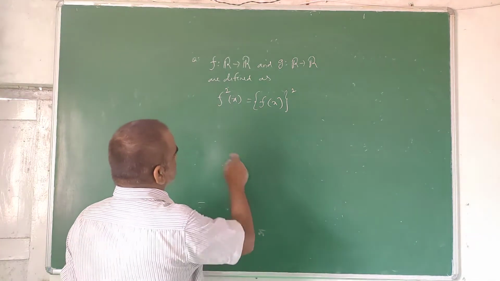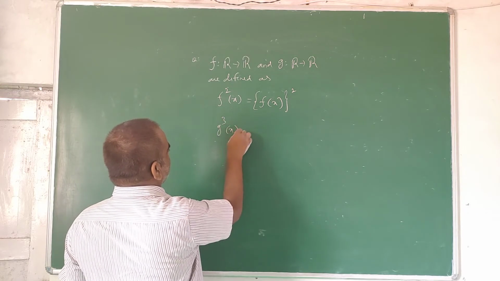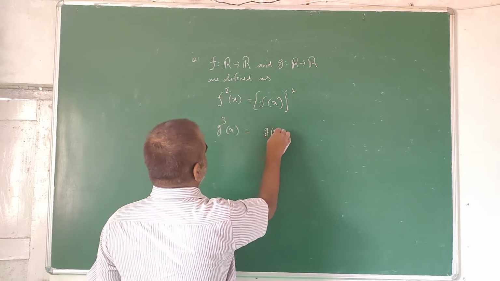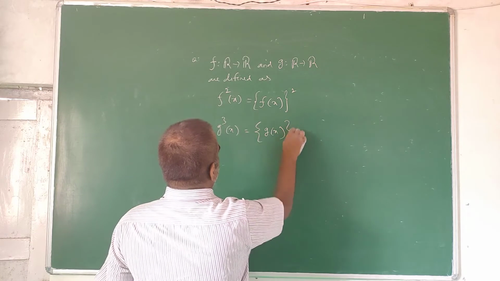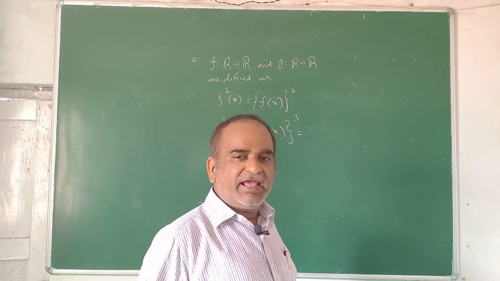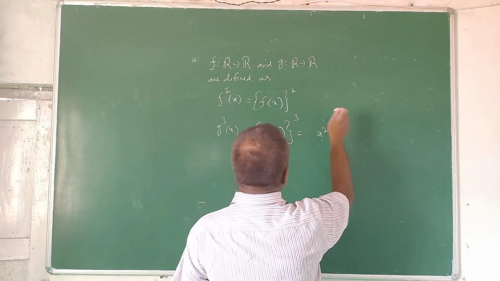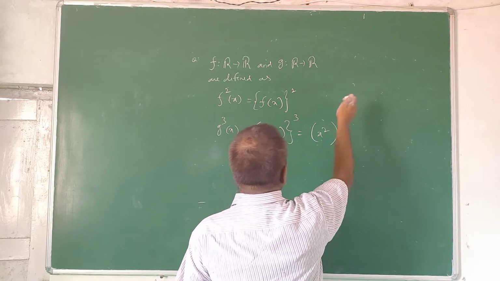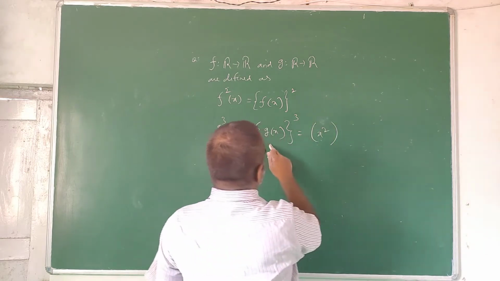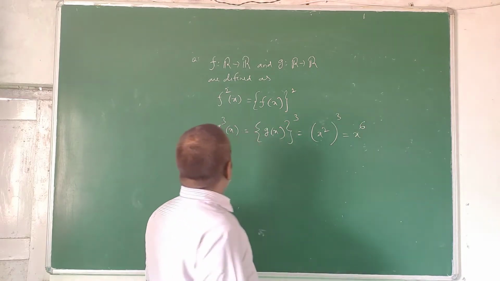Right. Now suppose you want to find g cube of x. What is g cube of x? It is g of x whole cube. What g of x have we taken? We have taken g of x as x square. You see in the definition, of course I wiped it, but it will be in your notes. g of x is x square whole cube, which is x power 6.